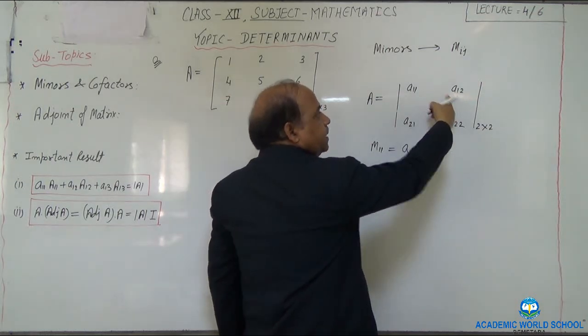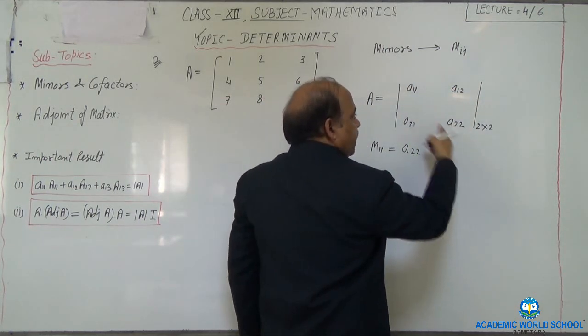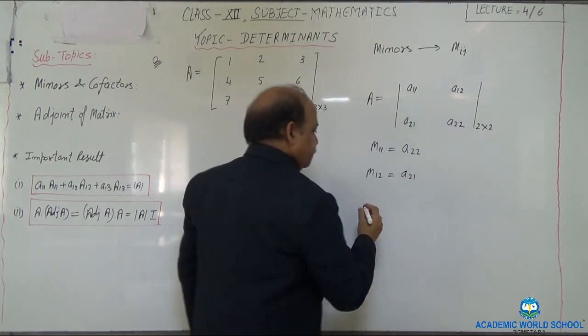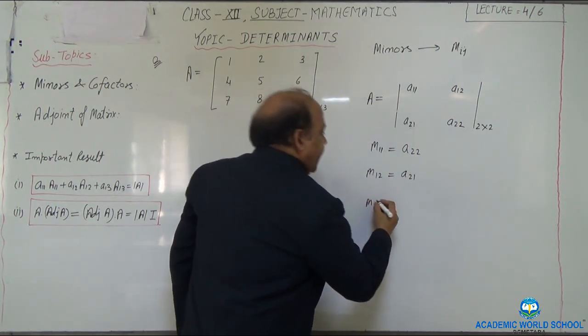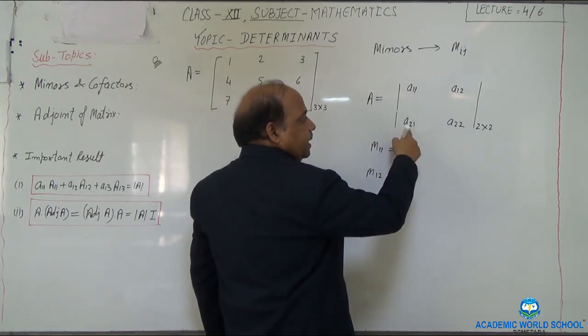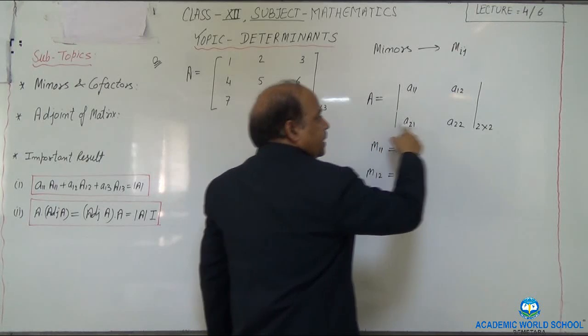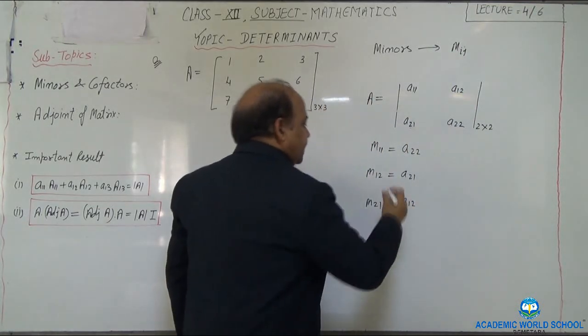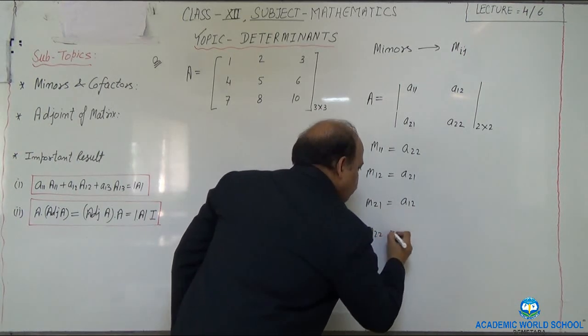M12, minor of this, leave this part, this part is left. So you can say A21. Similarly, M21 means this is A21. Leave this part, you are left with A12. And then come to M22.